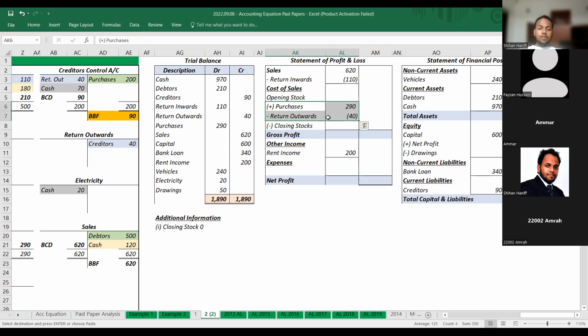Carriage outward means from our stores, we are delivering to the customer. It is a selling and distribution expense. Carriage inwards is a purchases related expense.